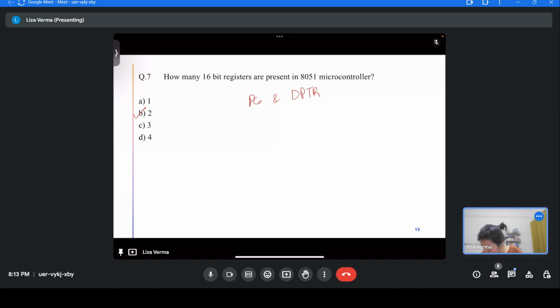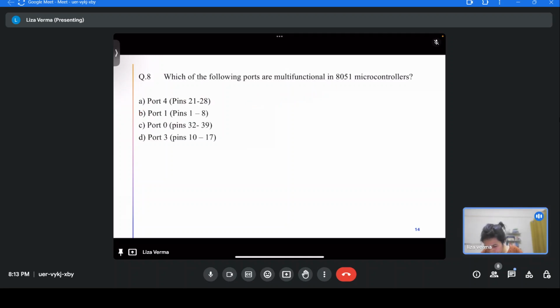Which of the following ports are multifunctional in 8051? I think the question must be which of the following ports are not multifunctional, because you can't have a single answer here. Only one port is not multifunctional, that is port 1.